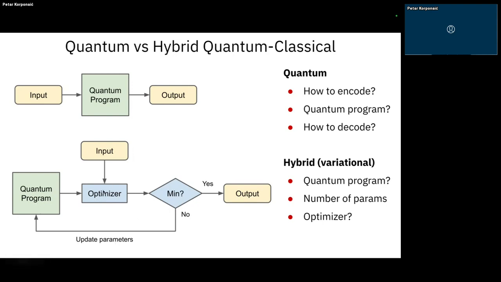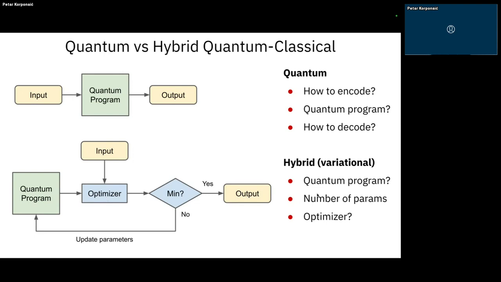So our classical optimizer is dealing with many parameters, and the objective function also has a barren plateau, long story. So it's a very challenging function to optimize.